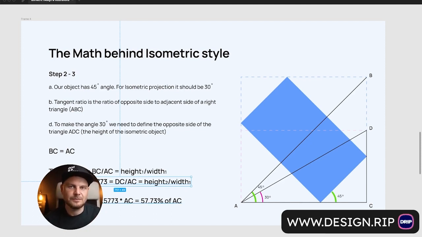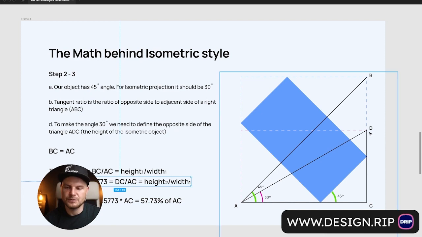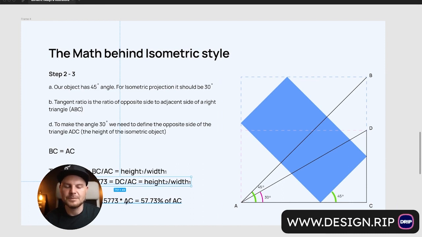So we just need to find this height. How to find it? From this formula, if we keep DC here, AC will go to this side: the height DC equals 0.5773 multiplied by AC.